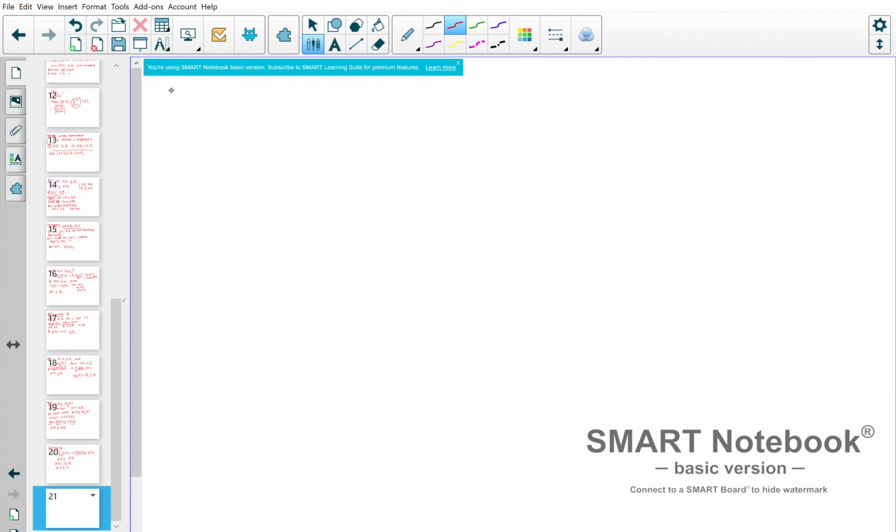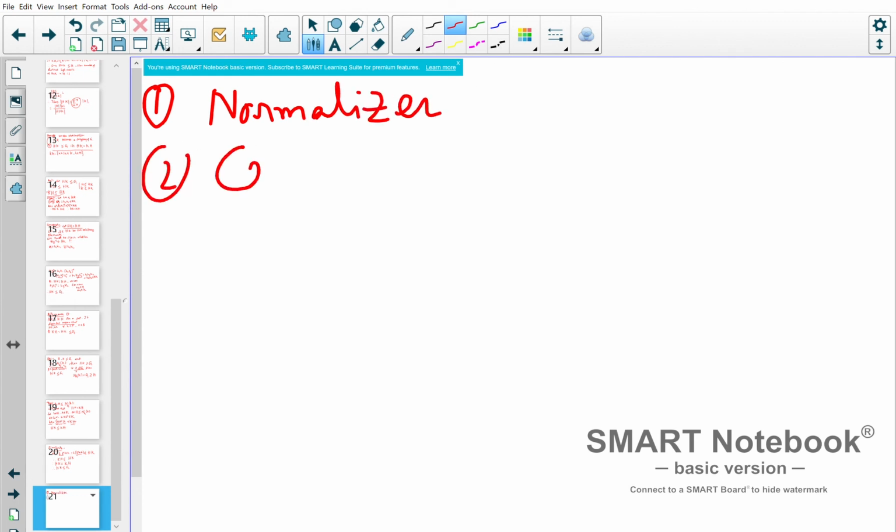So you remember that we defined something called normalizer, and center also we defined. And one more thing, we should define something called centralizer.